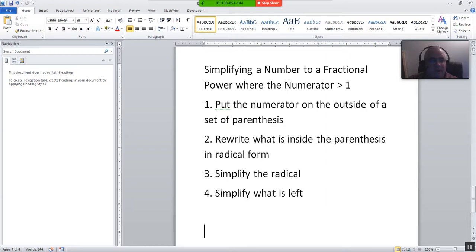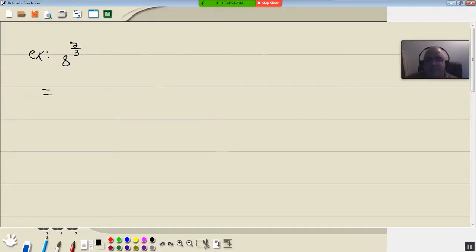Put the numerator on the outside of a set of parentheses. Well, the number in the numerator is a 2. So what that means is we're going to take 8, and we'll put that 2 on the outside of a set of parentheses. Now remember what I said, we never leave blank here, so we'll put a 1 there. So your fraction never has a blank on top or bottom. It's always a 1 if everything disappears.